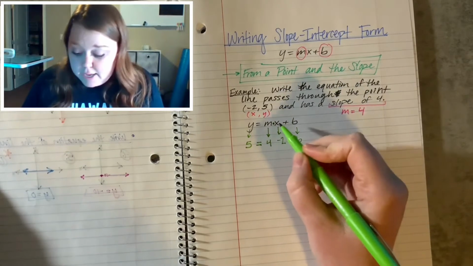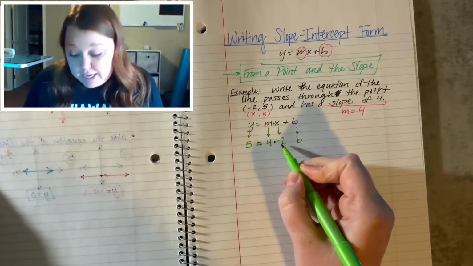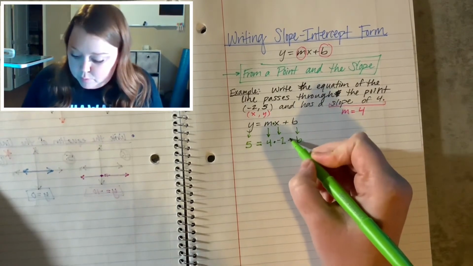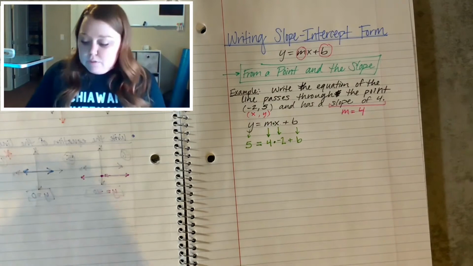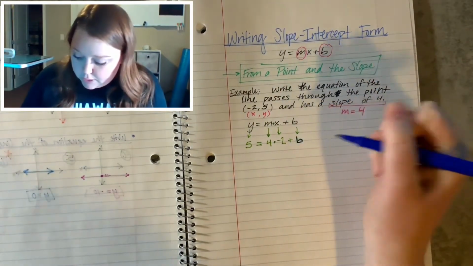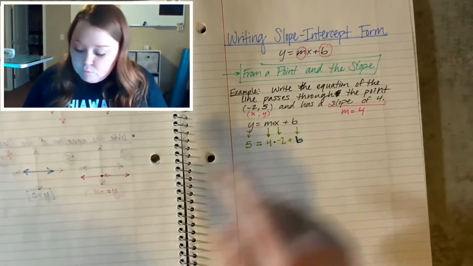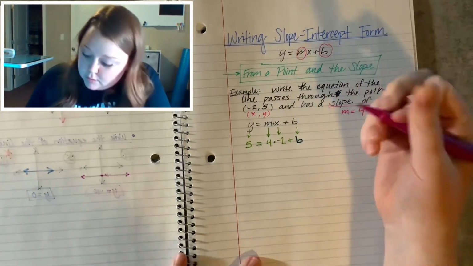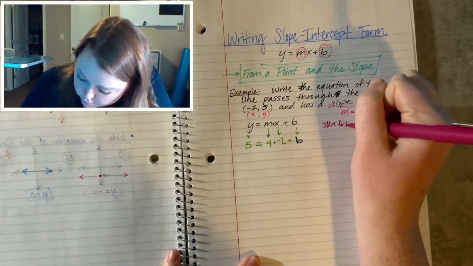Do not forget that m times x. Therefore, it's 4 times -2, and then plus b. I don't know what b is. B is what you're solving for here, okay? So in your notes, maybe write something that says solve for b.